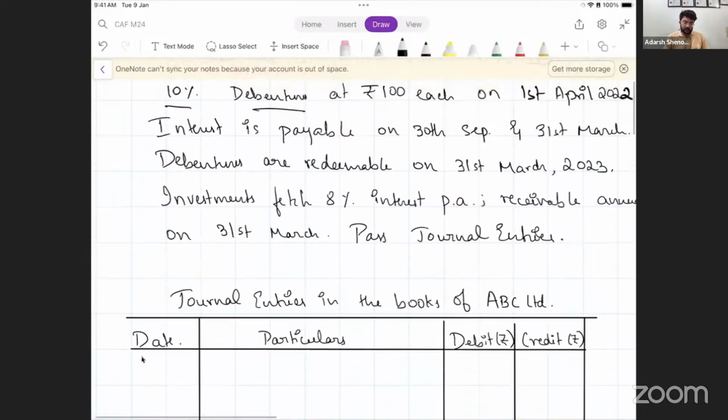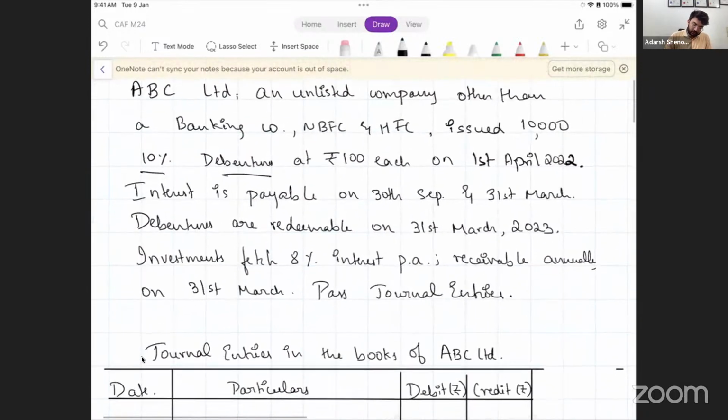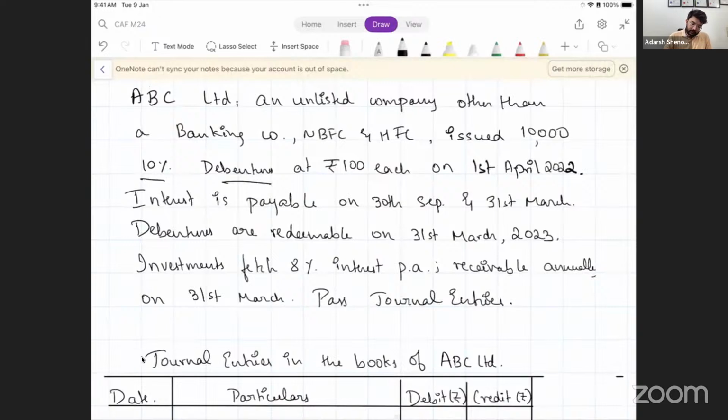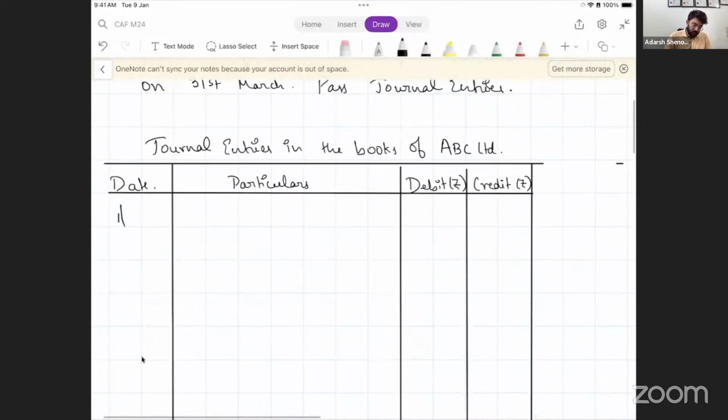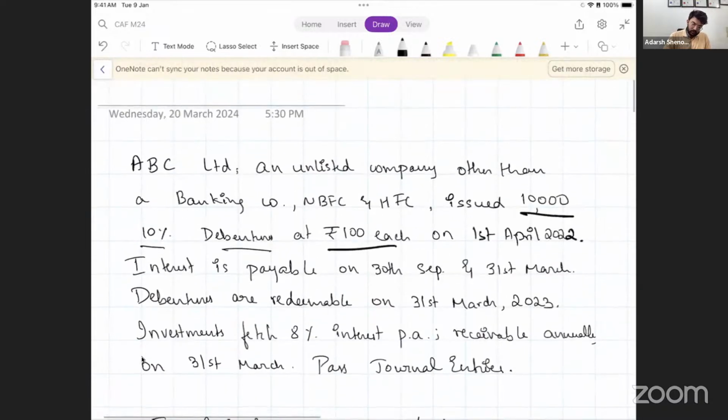Okay, first let's record the issue of the debentures. We are issuing 10,000 debentures of 100 each on 1st April 22. So 1/4/22, bank account. I'm receiving money. The issue is at par. They have not mentioned any premium.